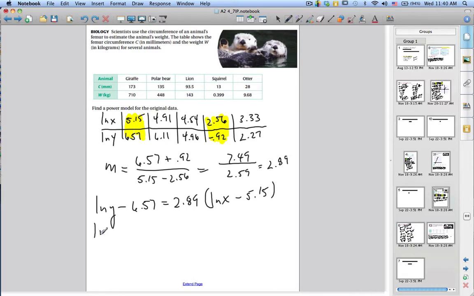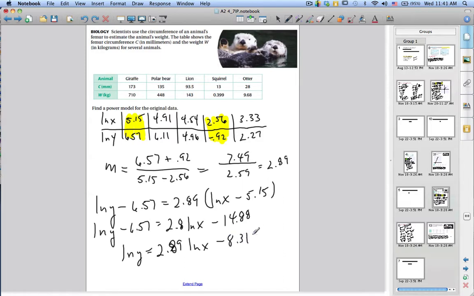When we go ahead and distribute the 2.89, I get 2.89 times the natural log of x minus 14.88. And then when I add 6.57 to either side, I'll have natural log of y is equal to 2.89 times the natural log of x minus 8.31. And this is my linear equation.